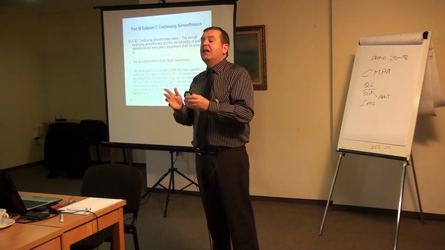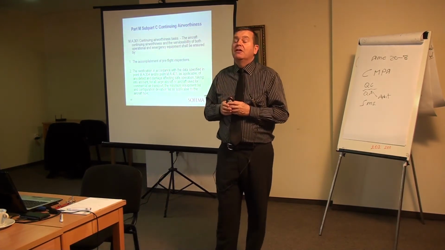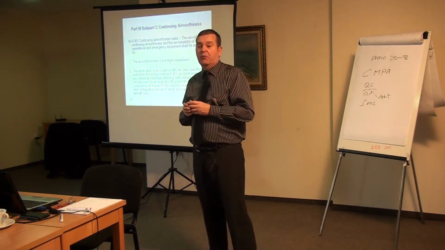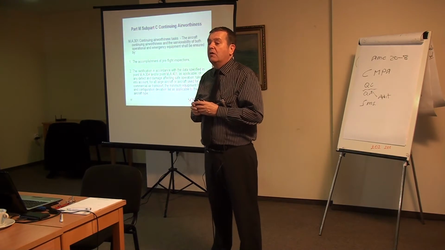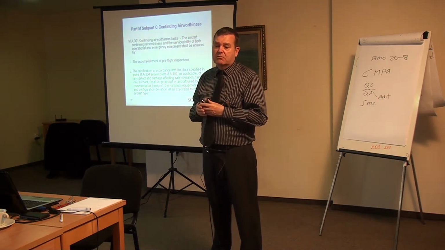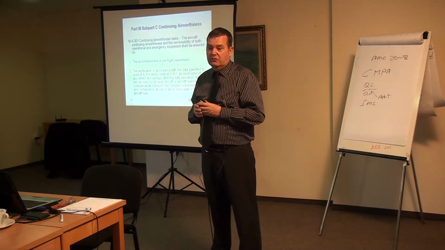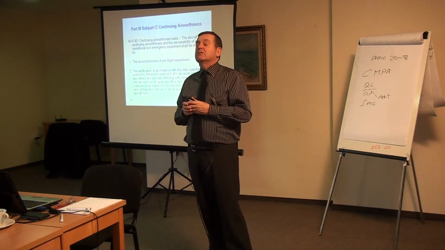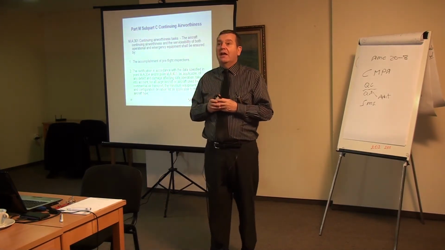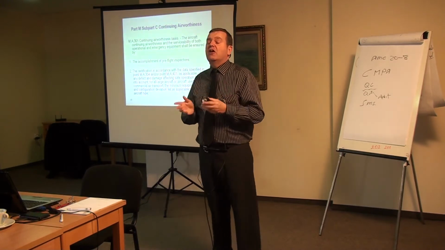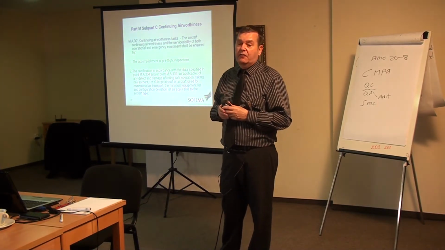All these elements are considered part of continuing airworthiness. Also, the modification status. Also, the repair status. Also, the weight and balance. Also, the certificate of release to service for all maintenance that the aircraft has received.